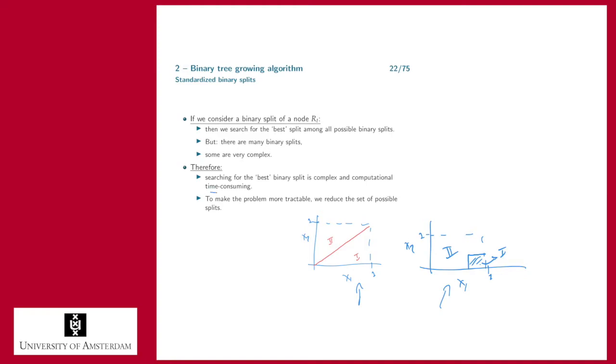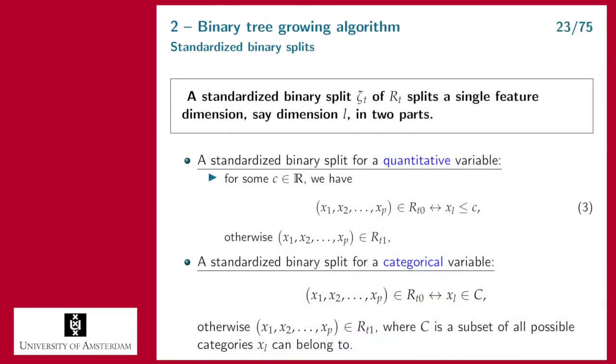And therefore, on the next slide, we will make the problem more tractable by only considering a subset of possible splits. So we will not allow this split or this split. If we split a node in two parts, we only consider so-called standardized binary splits. So assume that we have a quantitative variable.